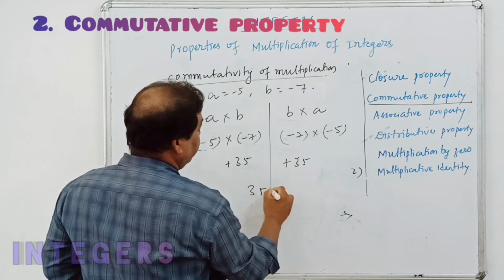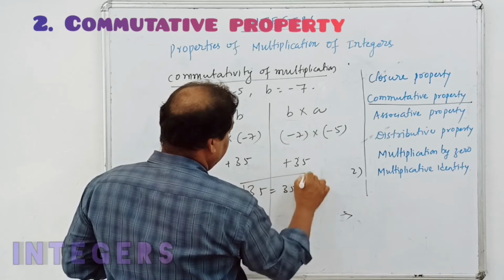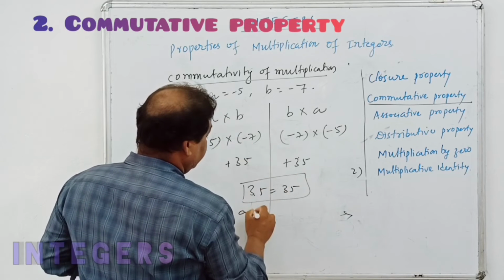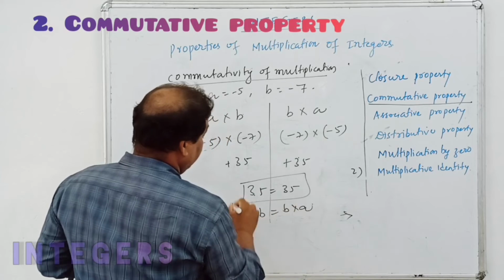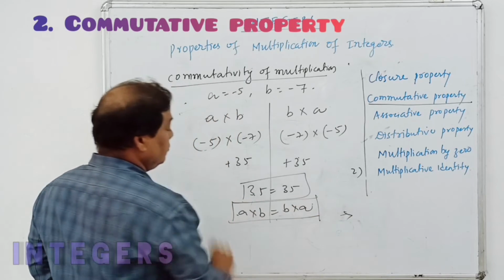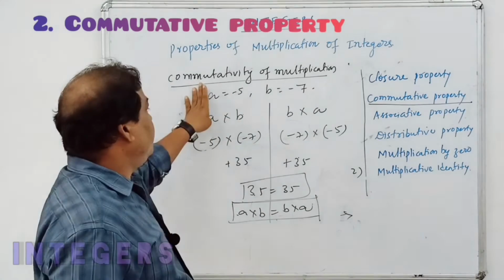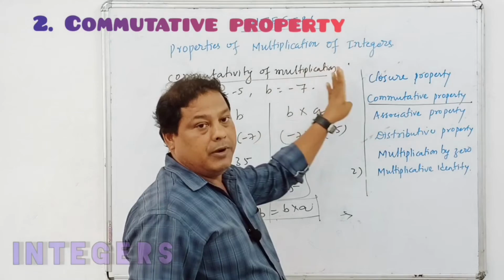That means 35 is equal to 35. So we can write a times b is equal to b times a. So integers are closed under the commutative property of multiplication.